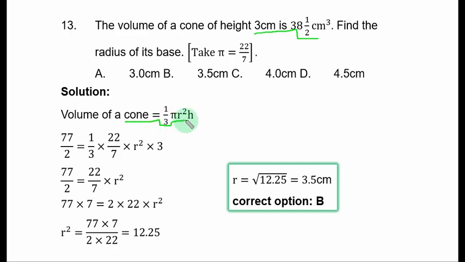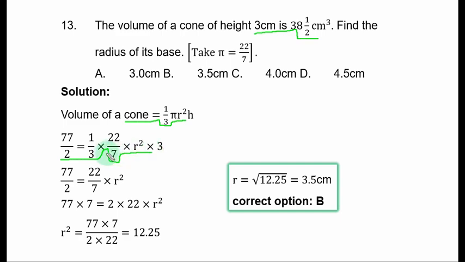The volume is given as a mixed fraction. If you convert it to improper fraction, you have 77 over 2 equal to 1 over 3 times the value of pi, 22 over 7 times r squared times 3.